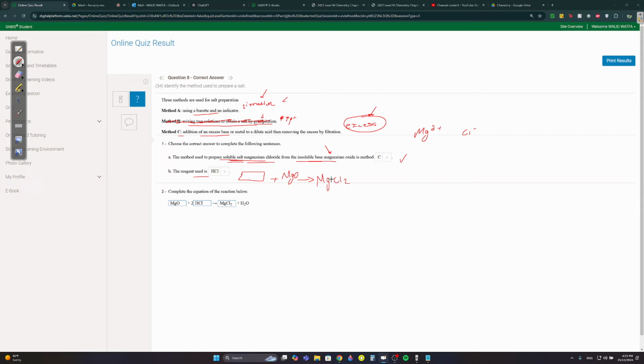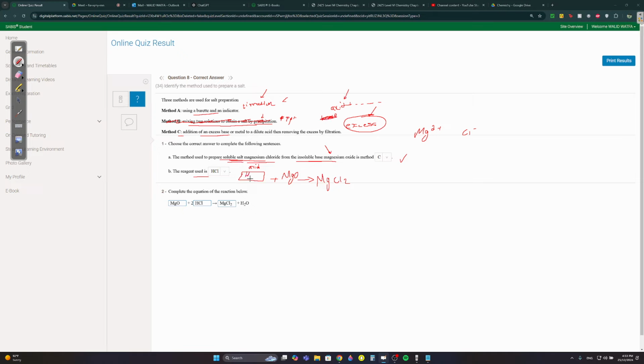I need a chlorine. Obviously, guys, we need to add an acid. To prepare in the excess method is always acid plus something. The only case we use a base is if you have an ammonium salt, but we don't have any ammonium salt here. So we want to add an acid.